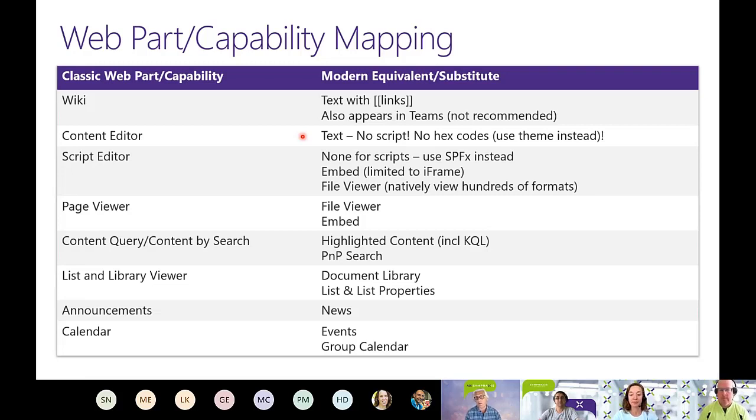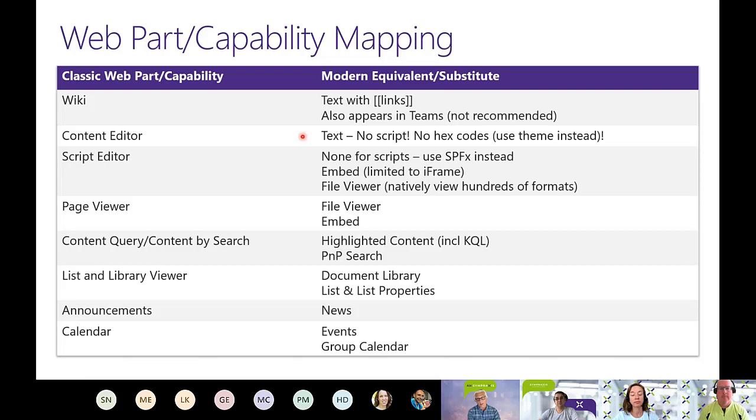arbitrary functionality to pages. And Mark, is the second exception to that no scripting the JSON that you can drop into list and library formatting, or has that been changed? That's all through the UI now. There's not just a window to drop in a chunk of JSON. This is where what is code versus what is content really becomes much more fuzzy.